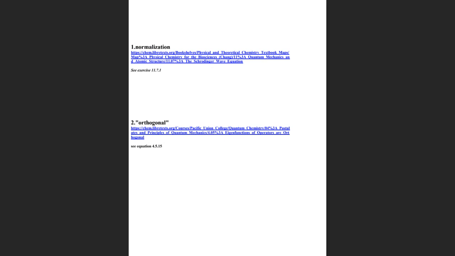In other words, since psi star psi is a probability distribution function, if you integrate over all positions, and psi is about probability of position, supposedly, if you integrate over all the positions, you're supposed to get a 1.